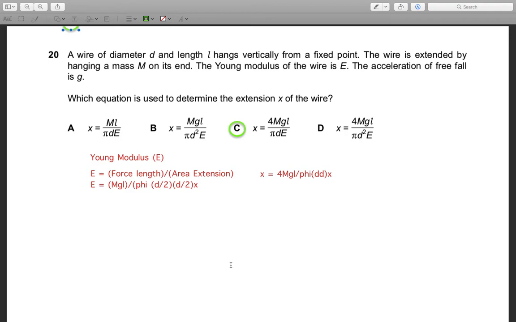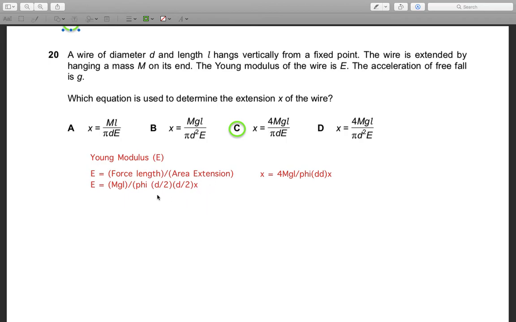Force is mg, length is L, area is pi r squared, and extension is x. R is D divided by 2, so r squared is D squared over 4.